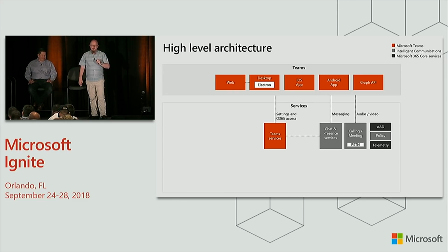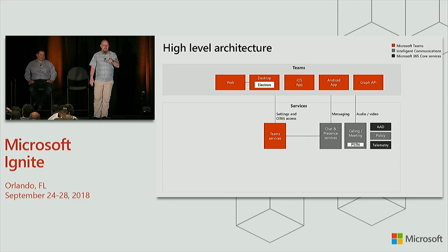Boxes and lines. So okay, Mark talked about some of these areas. So the idea that we have these team services, we have chats and calling. We're obviously using AAD to get you to authenticate into the system, know who you are. We have policies.